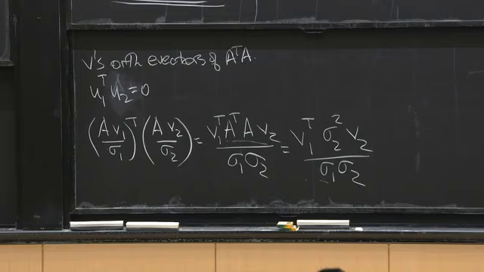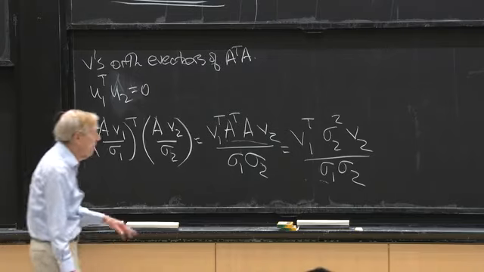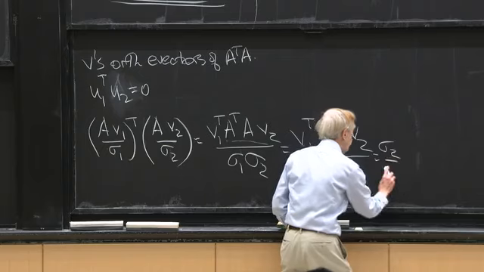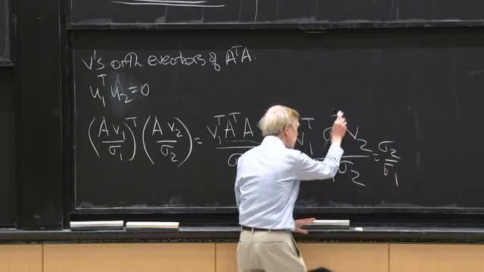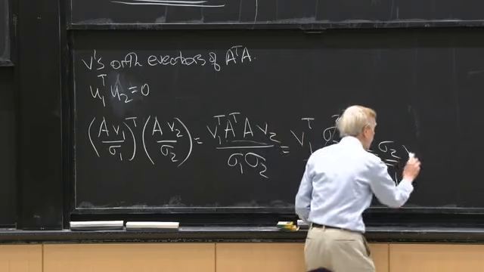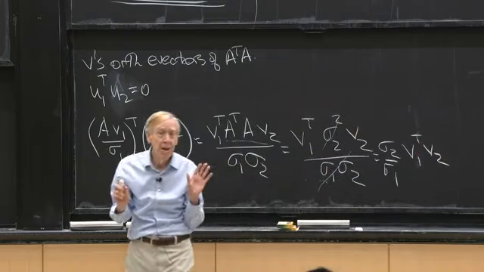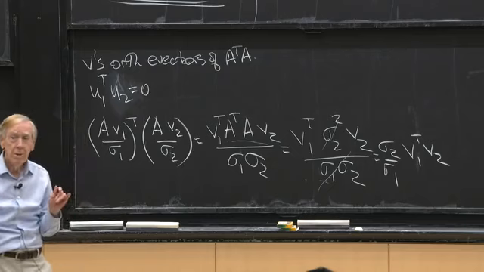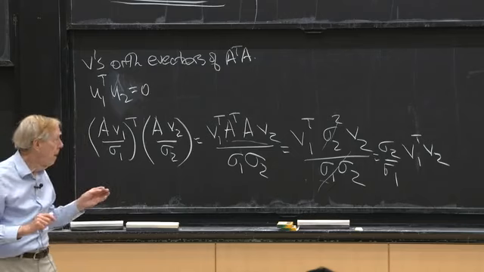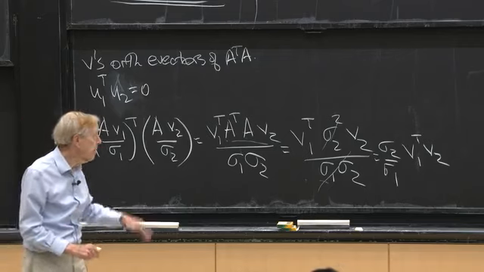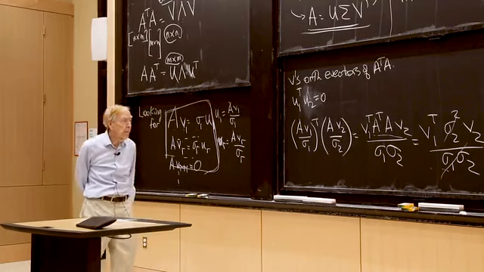So the A's are out of there now. And so I've just got these numbers, sigma 2 squared, so that would be sigma 2 over sigma 1, times V1 transpose V2, and now what's up? They're orthonormal. We got it. That's 0.